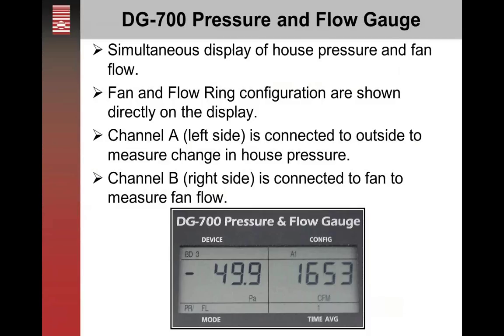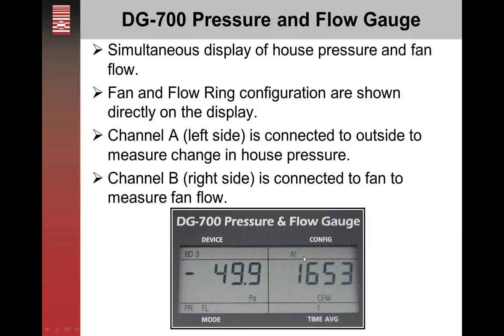As we mentioned, there is a simultaneous display of house pressure and fan flow. We have on the left-hand side, when you see device, we have BD3. That's telling us that it's a blower door model 3. We have our pressure value that's being displayed. At the bottom is pressure and flow.